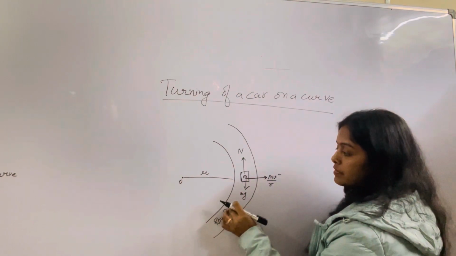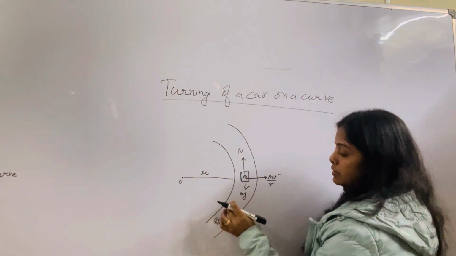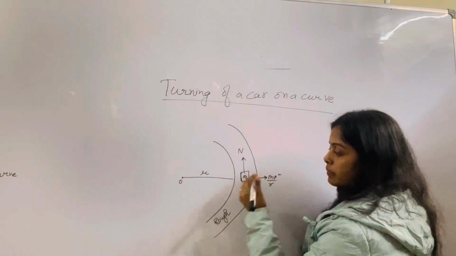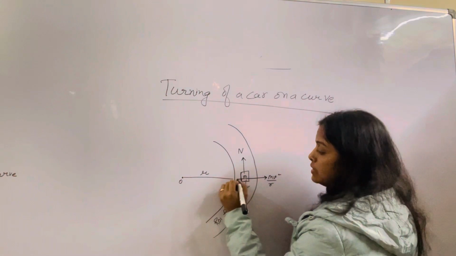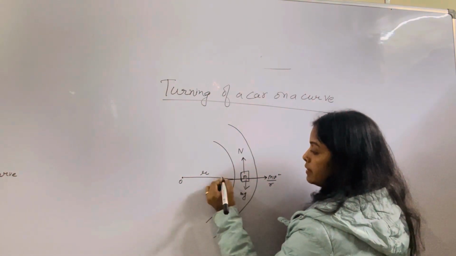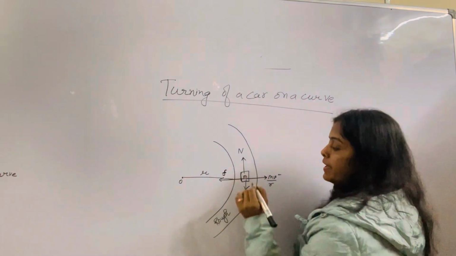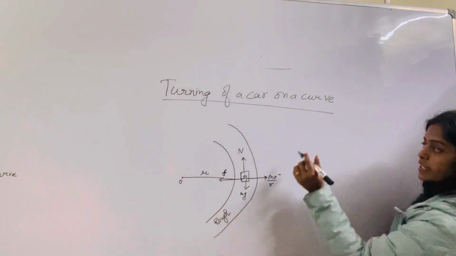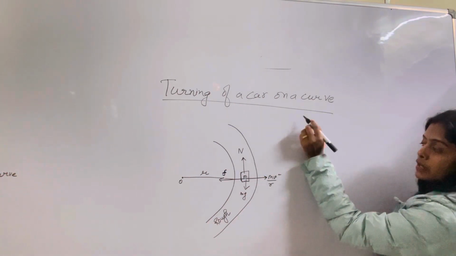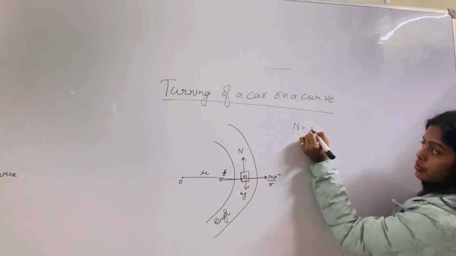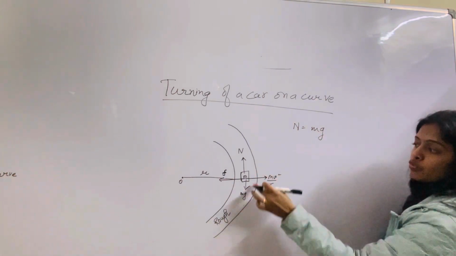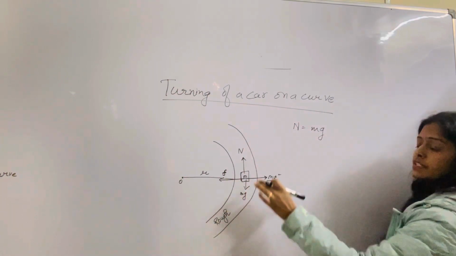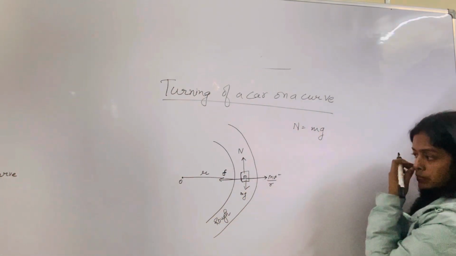Since the surface is rough, there will be friction acting toward the center, which is denoted by F. So by using vertical direction equilibrium, N is equal to mg, because there is no movement in the vertical direction.